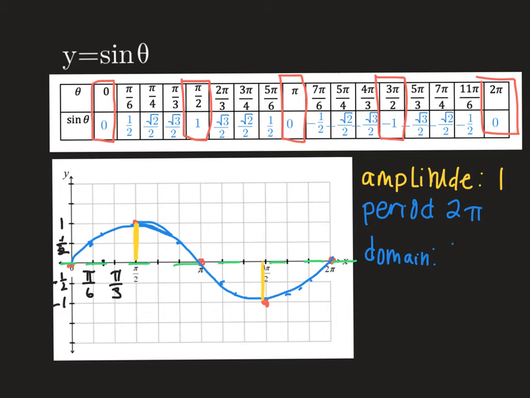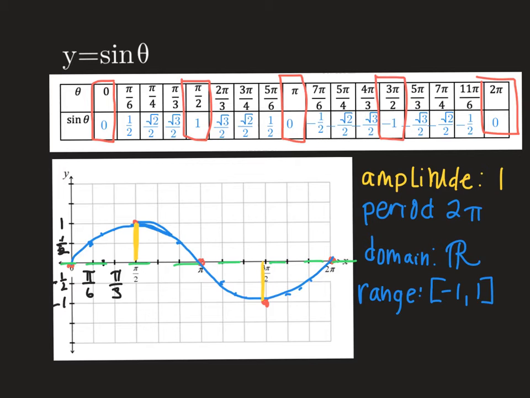In this particular problem, the domain is going to be all reals. In fact, so it is in the cosine, because this graph keeps going on forever in both directions. There's no x value I can't plug in. But the range is pretty small. In this particular problem, the range goes from -1 to 1.